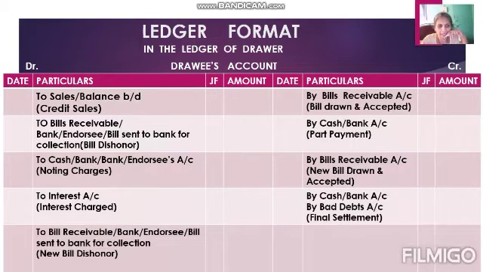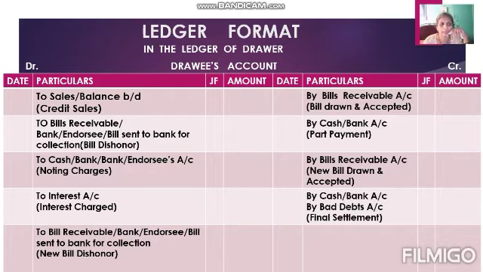How to prepare this? For this, here is the ideal format of the ledger. First we see, in the ledger of drawer, drawee's account. You already studied how to prepare a ledger in 11th standard, so I think you know something about the ledger.